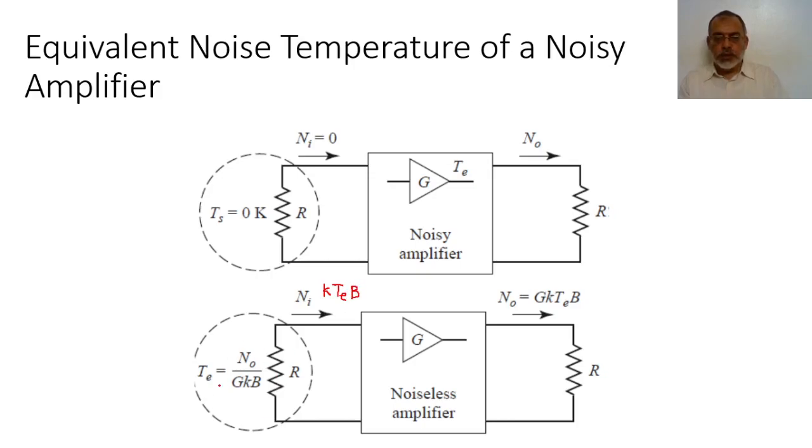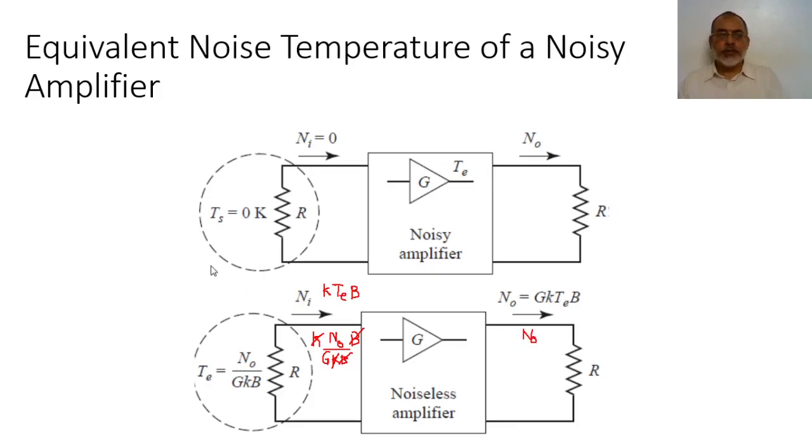If we multiply this, it would be K multiplied by N naught over G over K over B multiplied by B. B will be eliminated with B, K will be eliminated with K. So we have noise output over G. Noise output over G will be amplified by G. So the output here would be noise output.